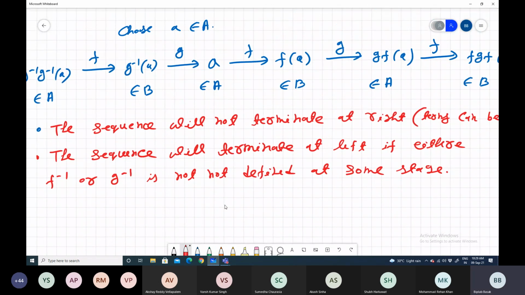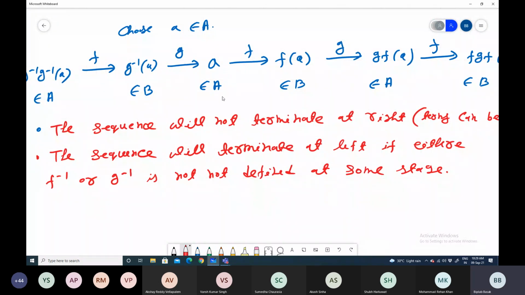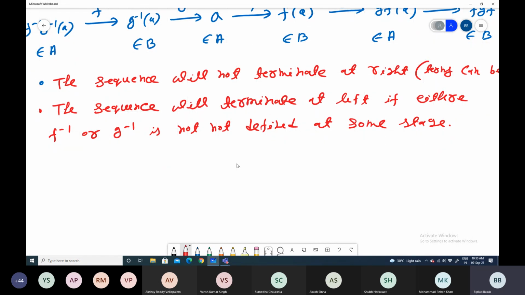And suppose all the elements at the right and all the elements on the left exist, then again we have two possibilities.